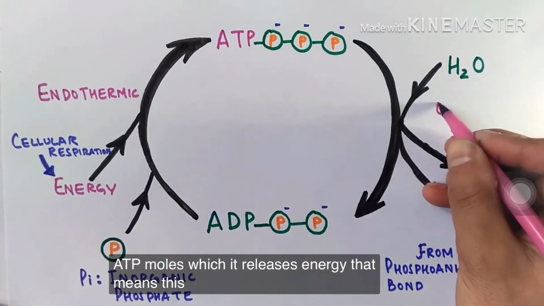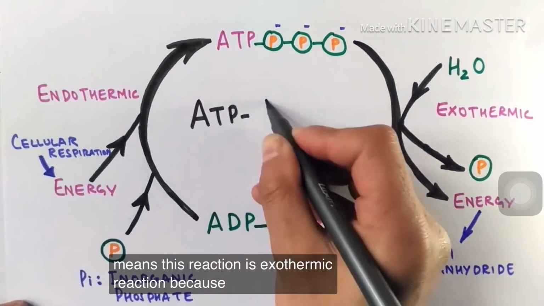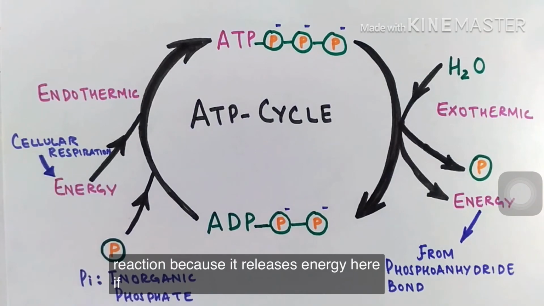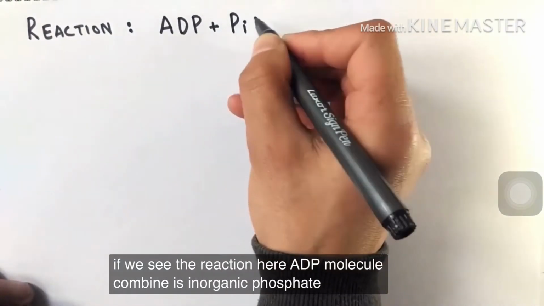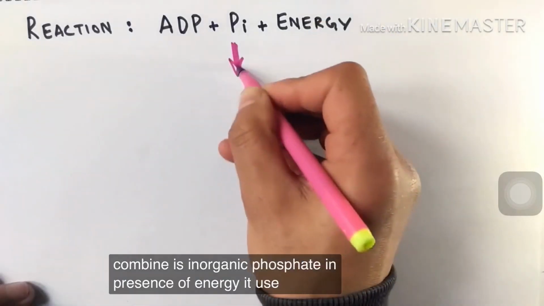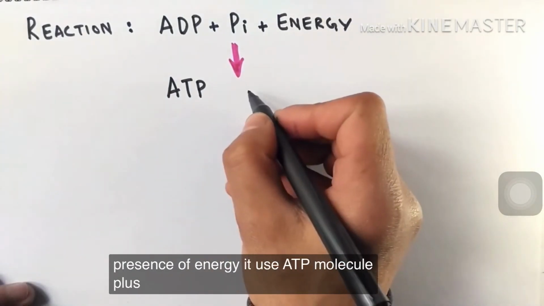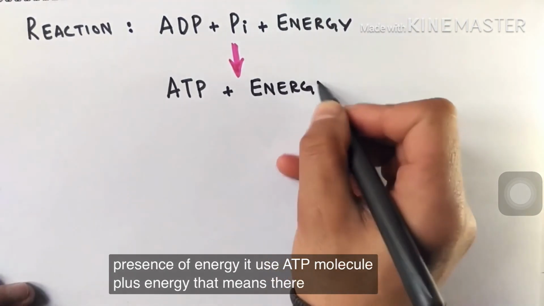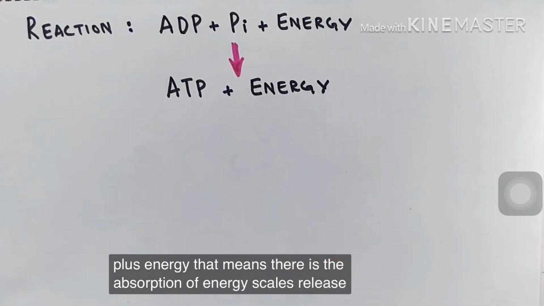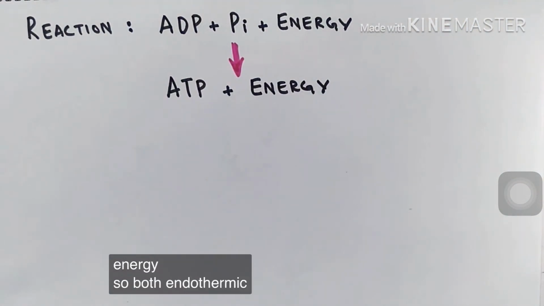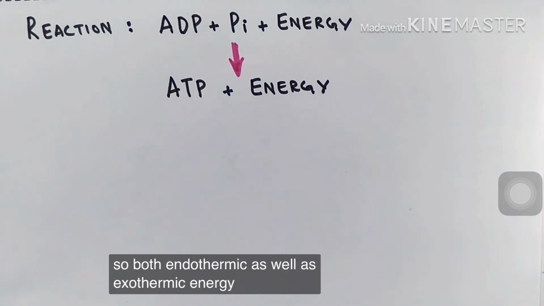That means this reaction is exothermic because it releases energy. If we see the reaction here, ADP combines with inorganic phosphate in the presence of energy, and it gives ATP plus energy. That means there's an absorption of energy, and there's a release of energy. So both endothermic as well as exothermic reactions are here.